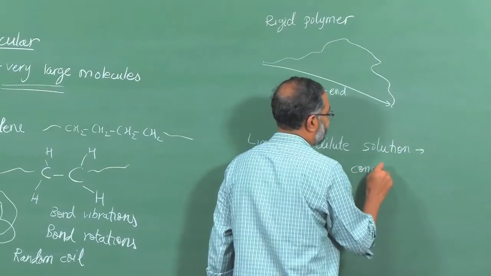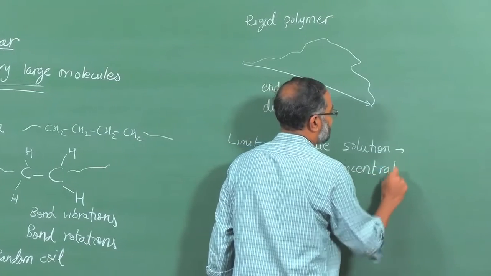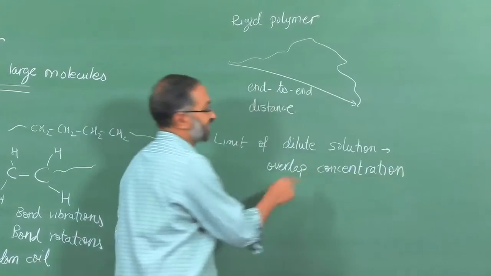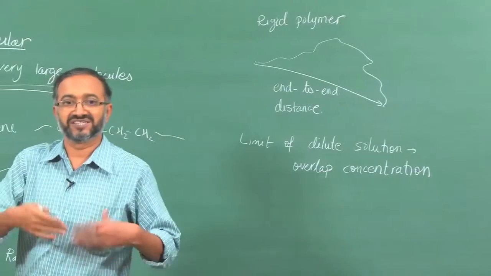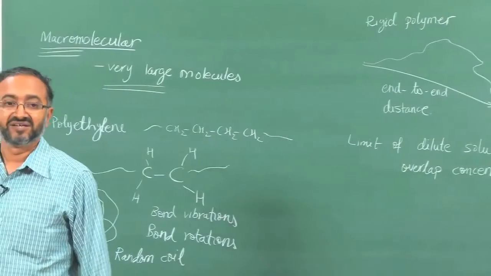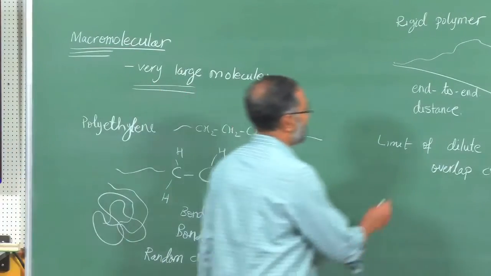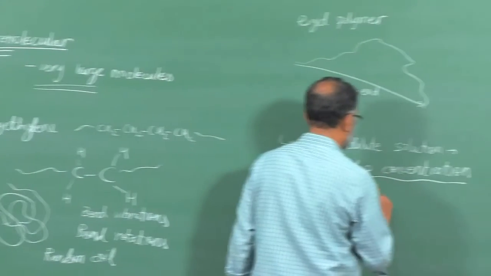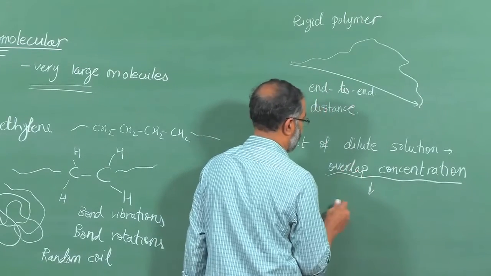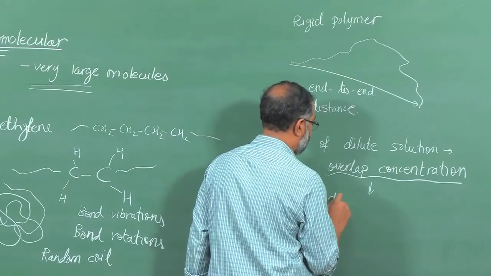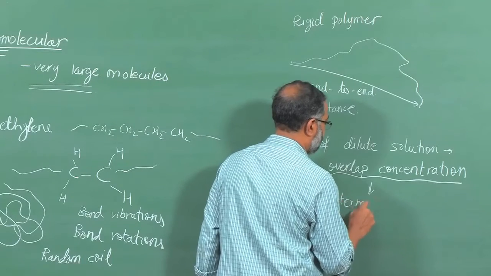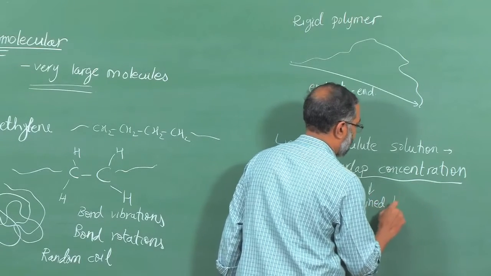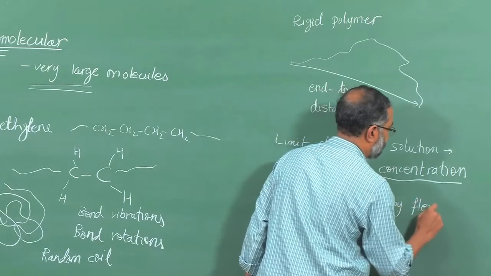The idea being that concentration of polymer at which they start just about overlapping, which means they start interacting with each other. So, this overlap concentration depends on the flexibility of the macromolecule, so it is determined by flexibility.